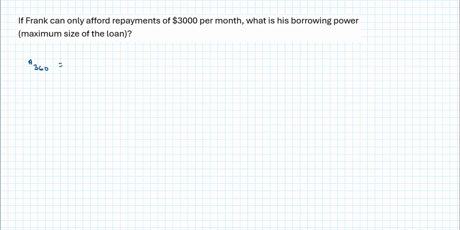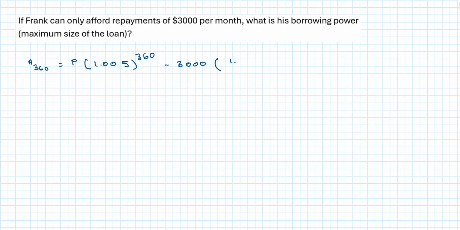I got to the point of A360 equaling the principal, which now I don't know what it is, outside of 1.005 to the power of 360 minus, but now I know my repayments are going to be 3,000.